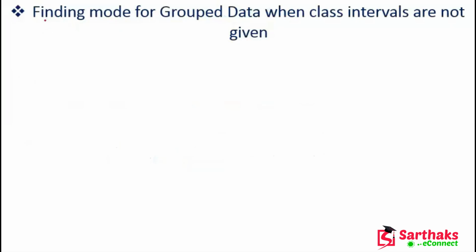So now my dear friends, finding mod for grouped data when class intervals are not given. In this case we have grouped data but class intervals are not given. So for this case we have to find the mod. In grouped data without class intervals, the observation having the largest frequency is the mod.